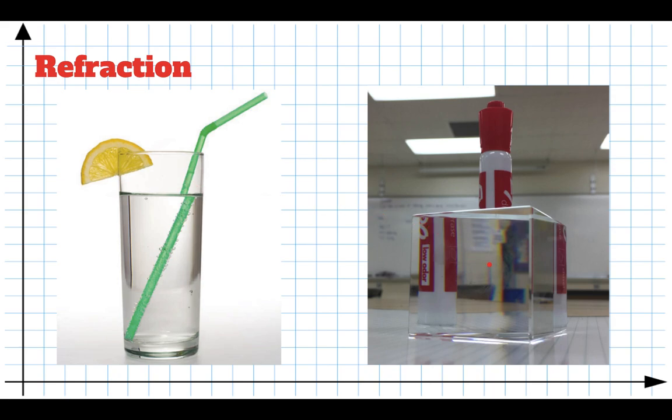If we were in class, we would pass around this big lucite cube, and you can stick a marker behind it. The marker is actually right here, but the light from the marker is getting bent, so it looks like the marker is over here, because that's where the light's coming from. When it gets bent, it looks like it's coming from a different location. So refraction is the bending of light when it travels from one medium to another.